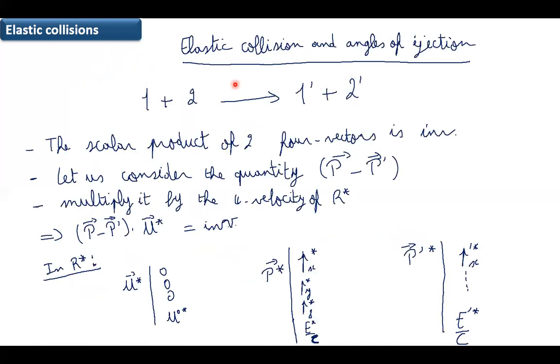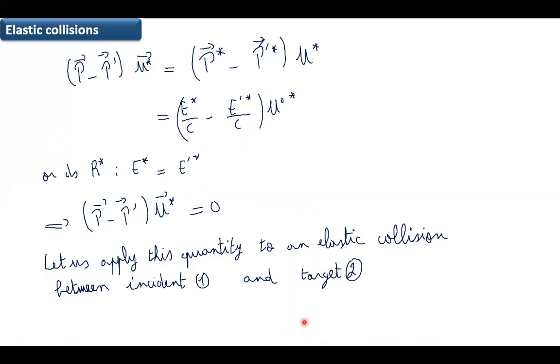If you calculate P minus P prime, the space is always multiplied by 0, so we need to consider only time coordinates: E star over C minus E prime star over C times U0 star.